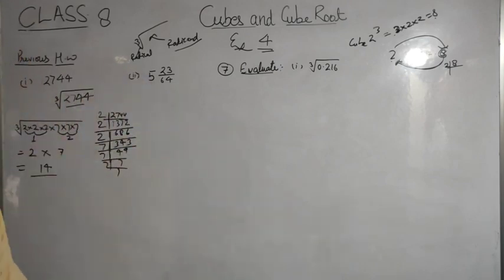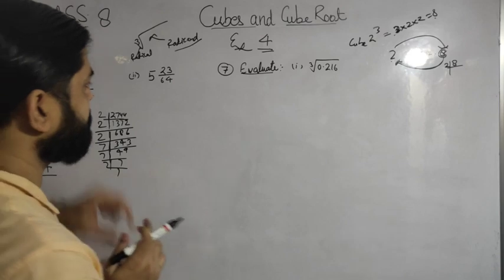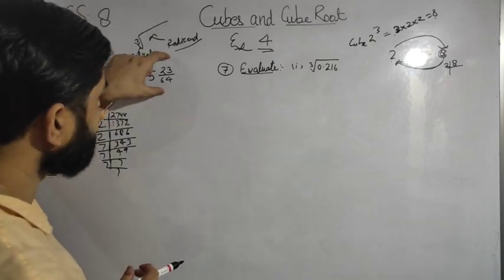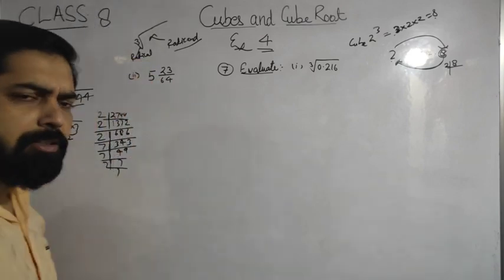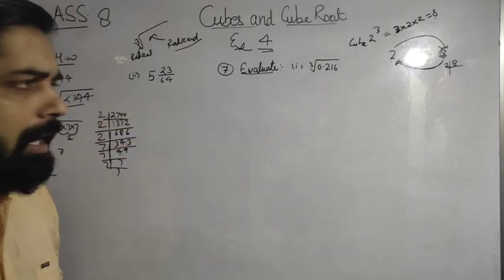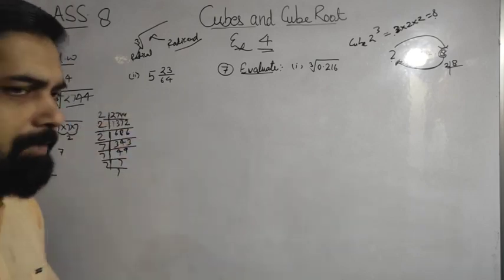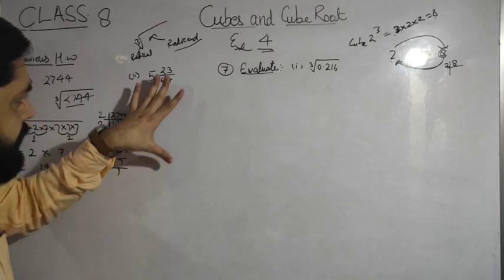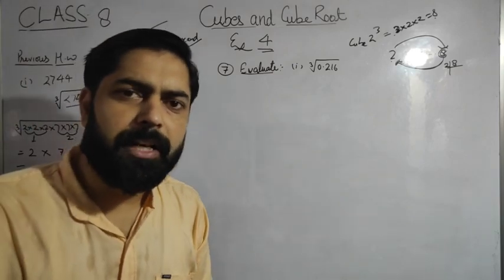Now the second question. What is given? This is given in mixed fraction form. So don't worry about the mixed fraction, you know how we can solve it. What is the procedure for the mixed fraction?